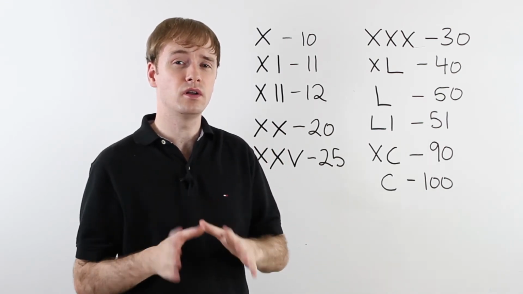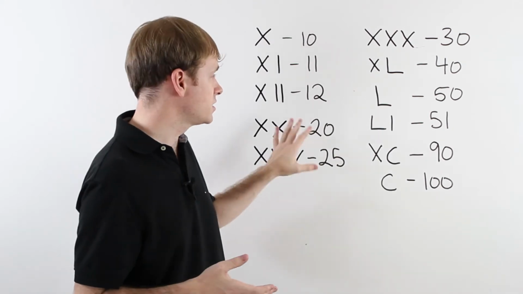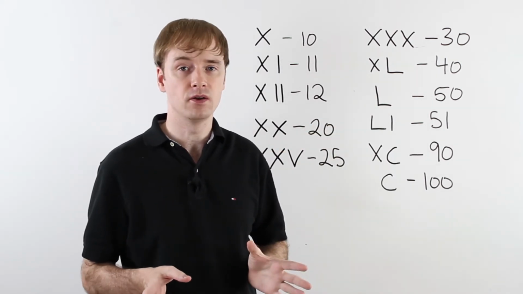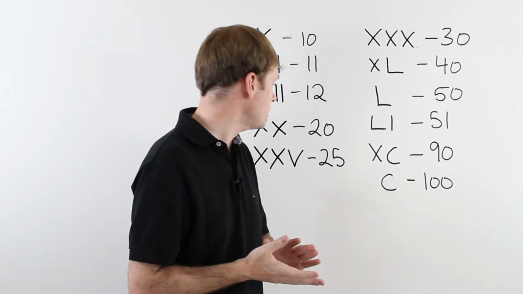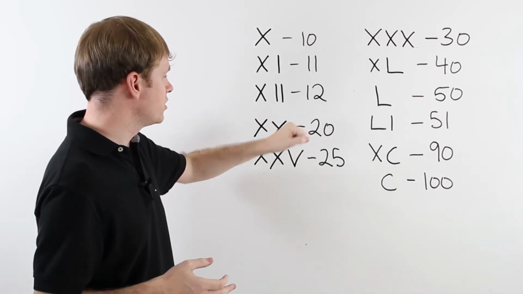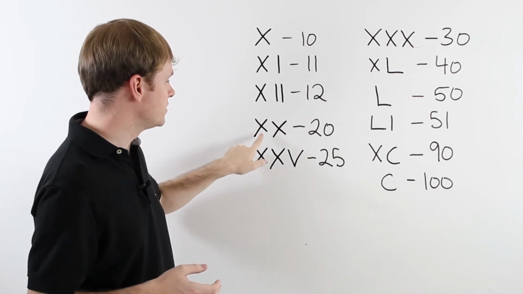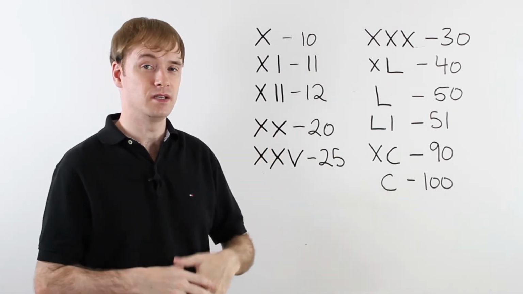So you should really know 1 to 12, okay? Now the next ones are not so common, okay? You rarely see them. But let's continue anyways. So after 12, we're going to jump to 20. And 20 is XX. So 10, 10 means 20.